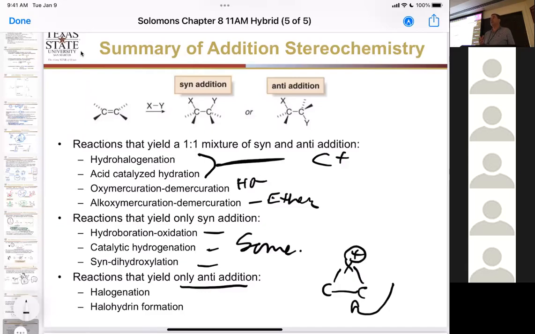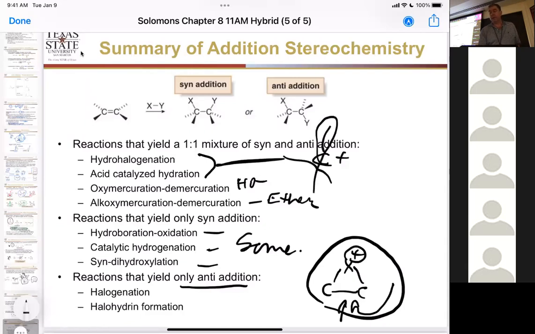So what I like to do in these reactions to make sure I understand the stereochemistry is I like to include in my reaction table, in special things, what the intermediate is. If you show yourself the intermediate of this, you're going to say, well, it has to come off the other side. It has to be anti. You're going to show yourself that you have a carbocation and you remember that it has one on the top and bottom. It can go on the top or the bottom. So you'll know it'll give you a mixture.